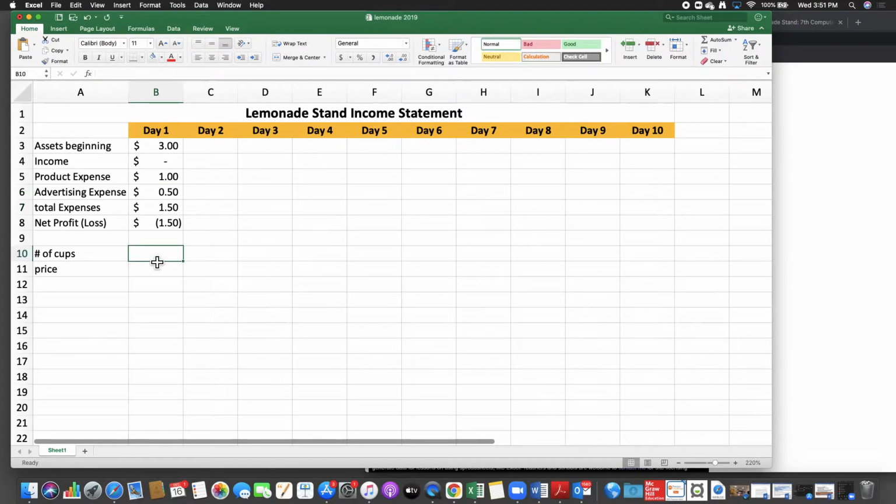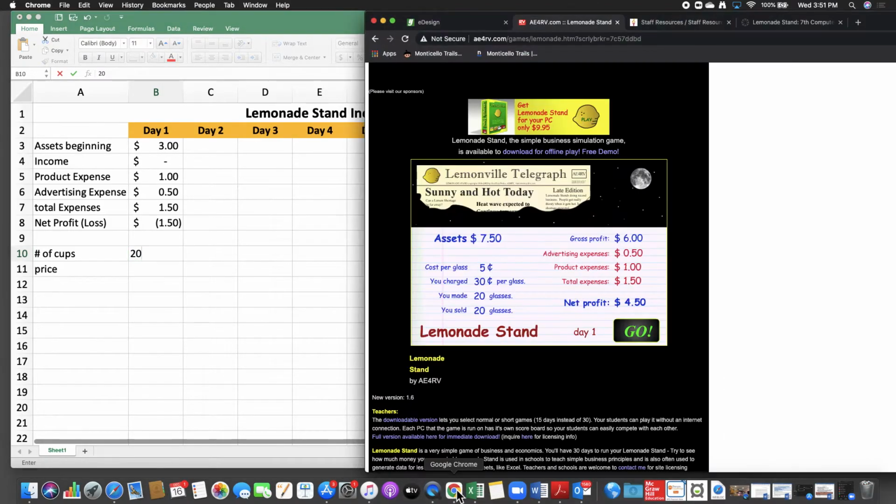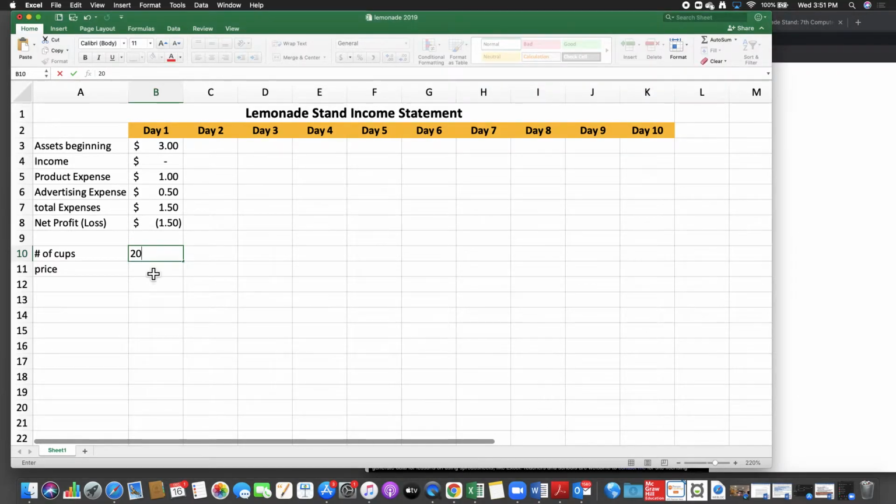So my number of cups sold is 20, and my price per cup was 30 cents. So 0.3. When I enter that, it automatically fills in my income. So my net profit that I get to take home is $4.50.